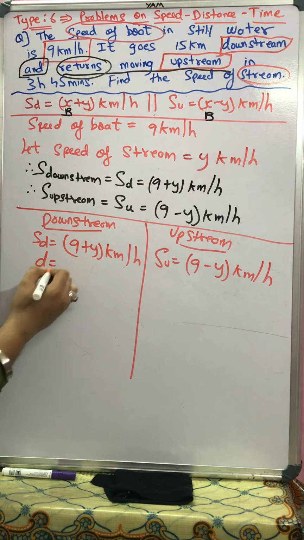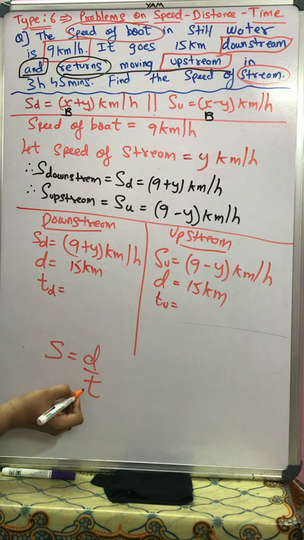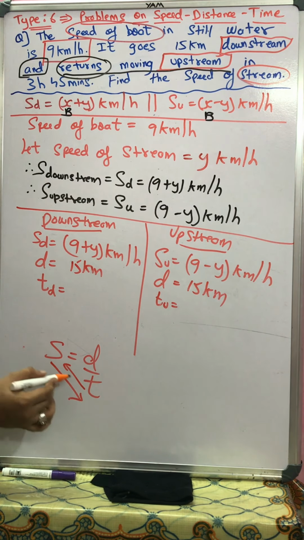Time required for the downstream, T subscript D, D is for downstream, and T subscript U, U is for upstream. Now pay attention students, you know from physics that speed is equal to distance upon time. So if time goes up, speed comes down, so can I say time is distance upon speed? Yes, distance upon speed. So distance is 15 and speed is 9 plus y.